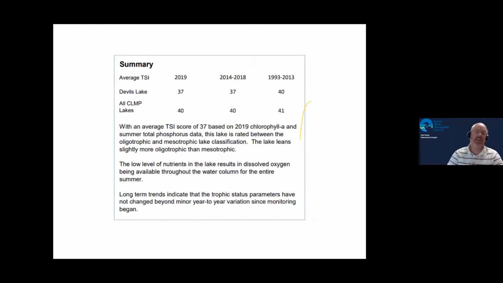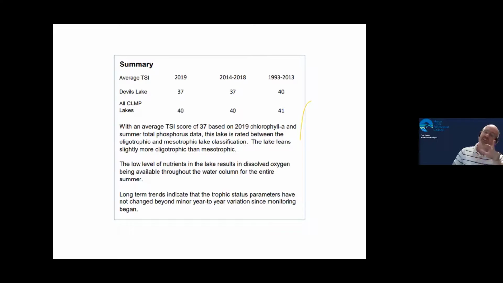Devil's Lake got a 37 in 2019. Then you can see that in the last 5 years, it also had a 37 average. But over the course of its whole history, it used to have a 40. So Devil's Lake is a lake in which the long-term trends are showing us maybe just a slight decrease in nutrients over time.